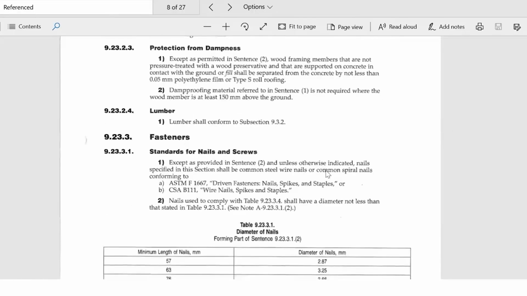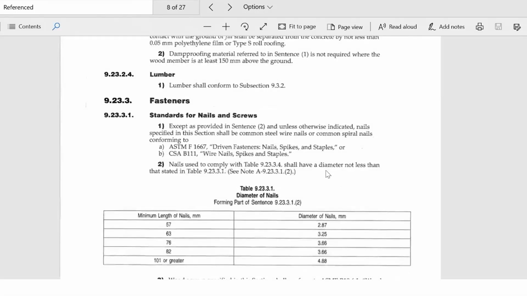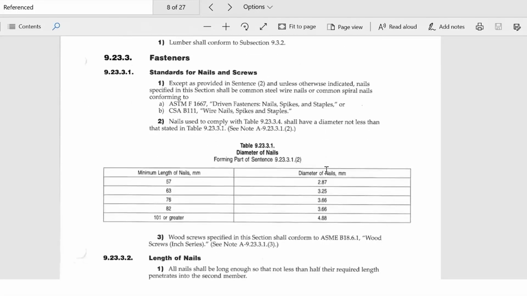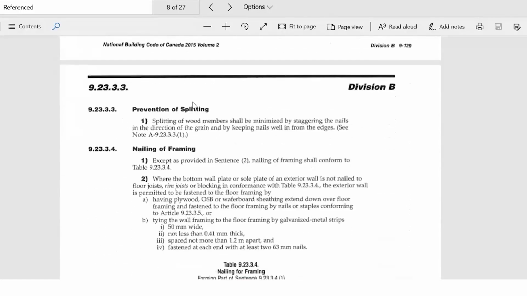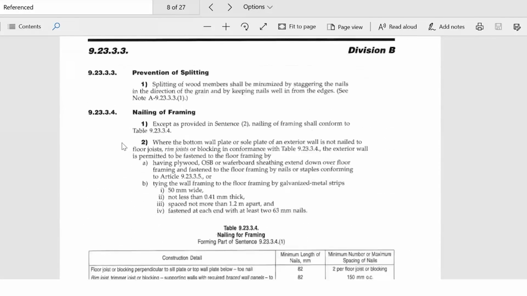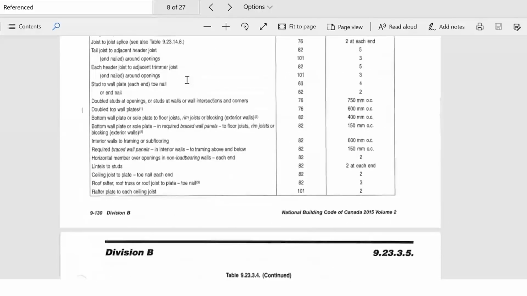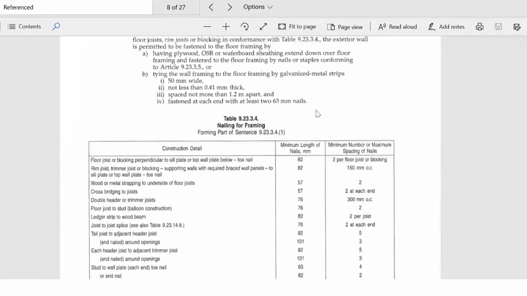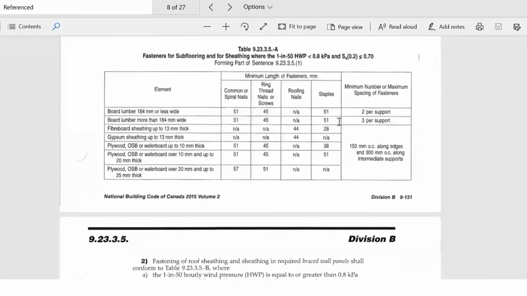It goes on to tell us about the fasteners that are used with wood frame construction: diameter of nails, length of nails, prevention of splitting, nails of the framing, and minimum and maximum spacing between nails for framing, fastener for sheathing or subflooring.